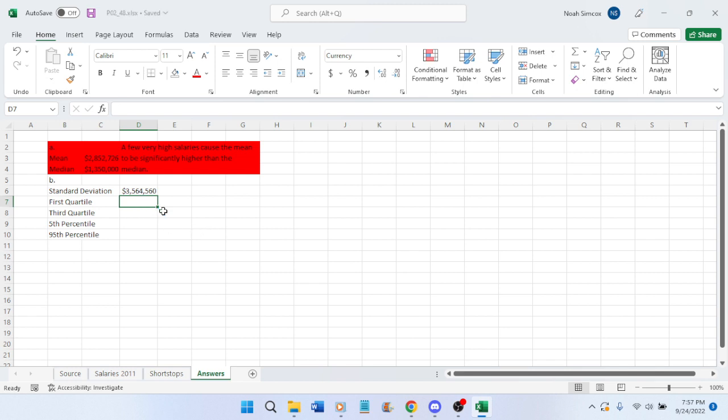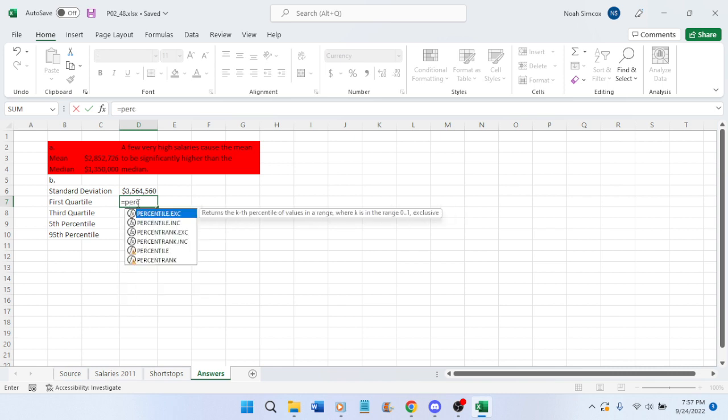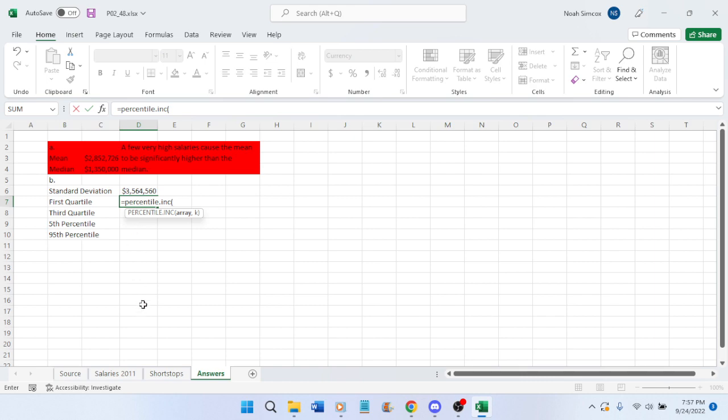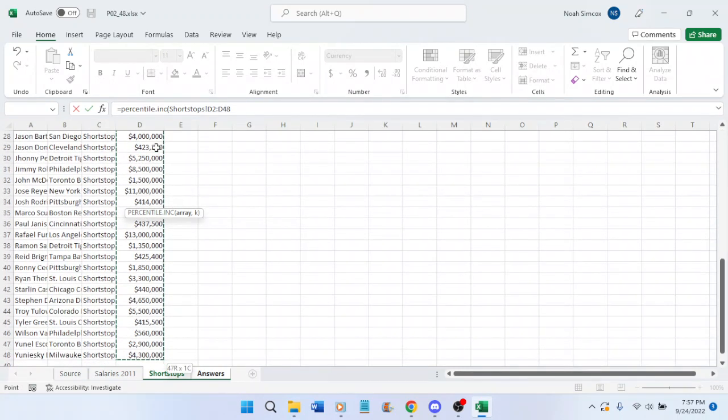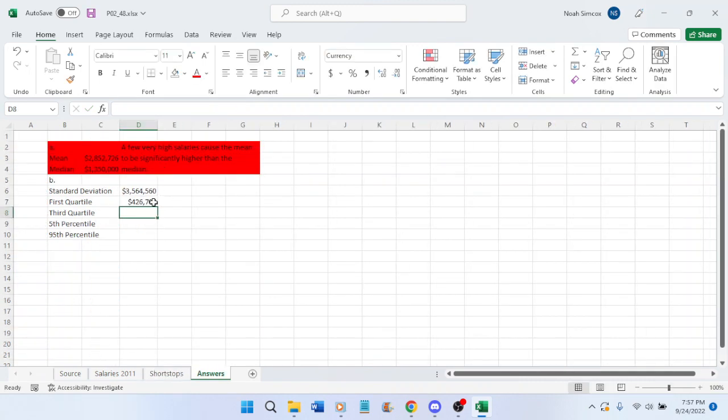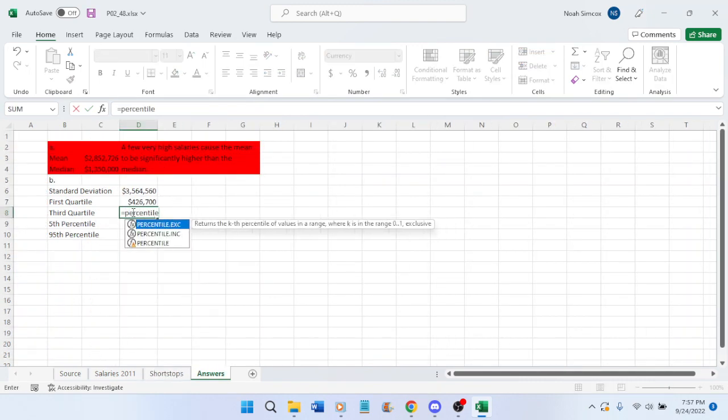So first quartile equals... first quartile, 0.25, 0.75.